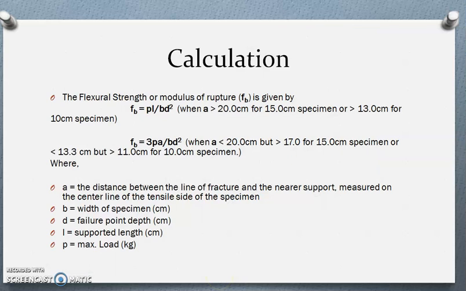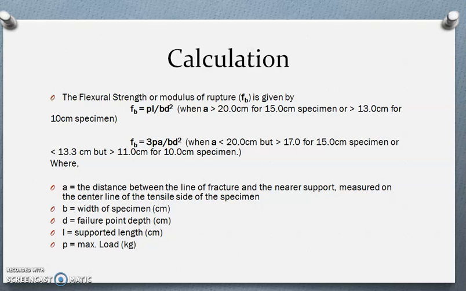How to calculate? After applying the load, the beam will bend and the cracks will develop. How to find out the flexural strength or the modulus of rupture, that is MR? Okay, we'll find it by means of these 2 formulas. PL by BD square applies when the A value is greater than 200 mm, here given in centimeters, for a 150 mm specimen, which is what I have shown.